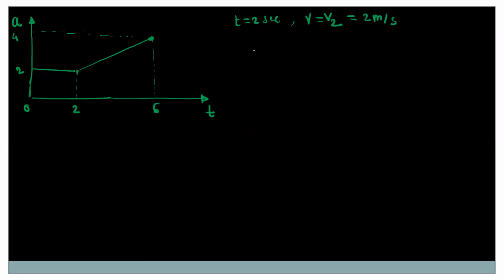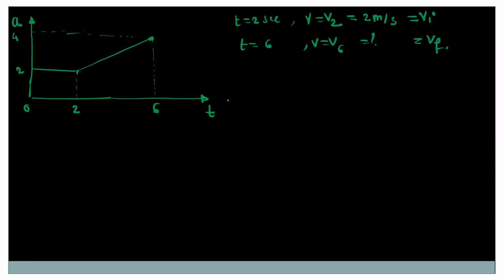This is a given value. And we want to find out at t is equal to 6 seconds, what is the velocity? So it is v6. Okay, so v6 will become the final velocity. So this is the initial velocity, and this is the final velocity.